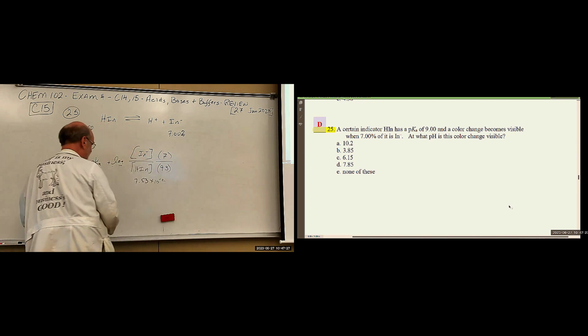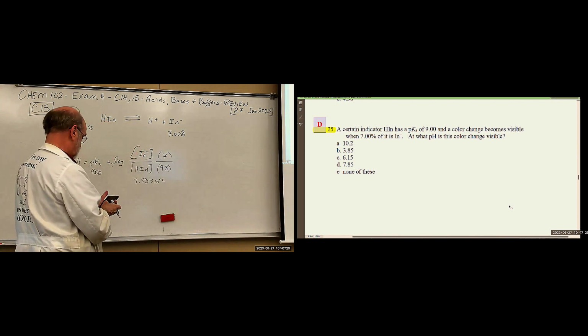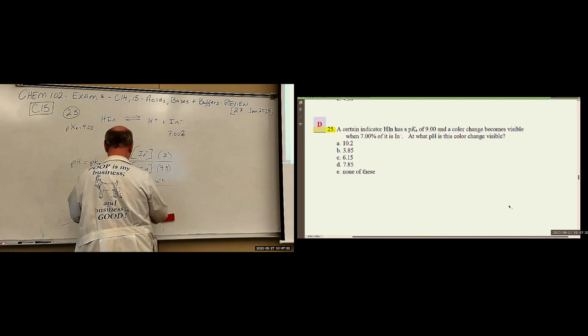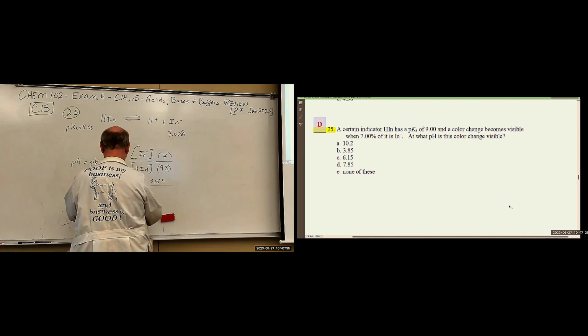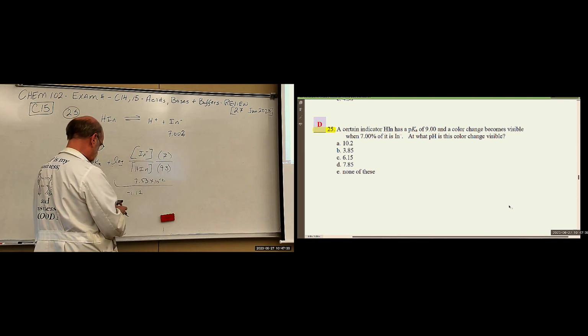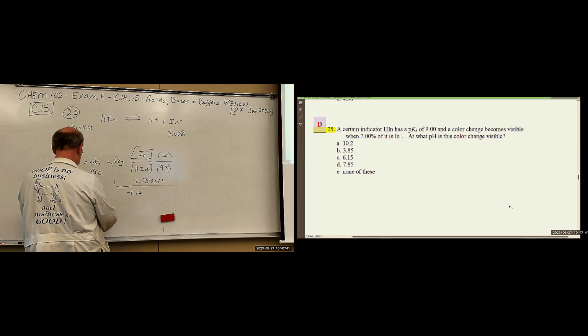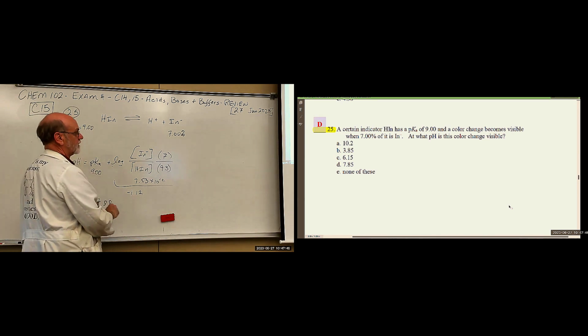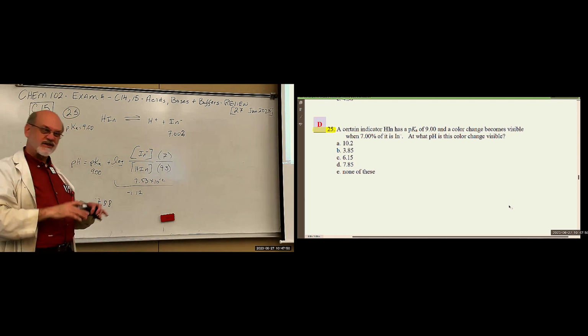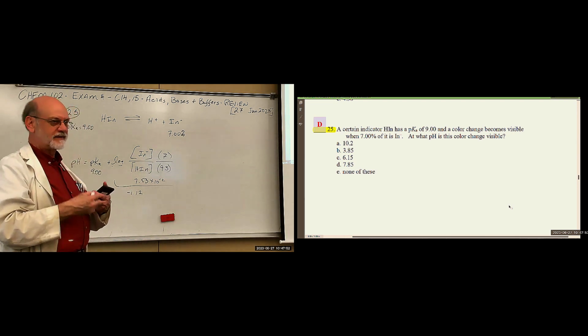Right? Then we take the log of that. And that value would be minus 1.12. And then 9 plus that would be 7.88 rounded off. So it would make the pH a little bit higher if we interpret it somewhat differently.